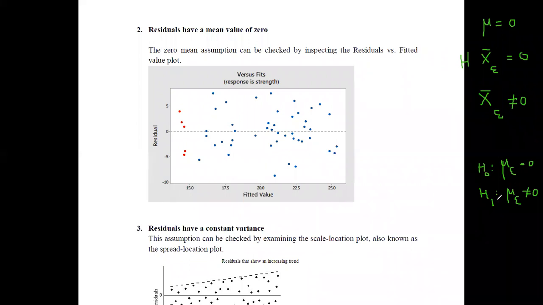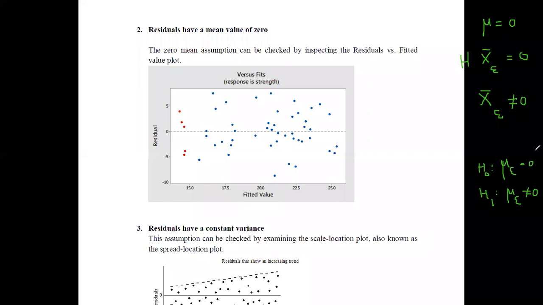If we fail to reject the null hypothesis, then we can say that the fitted model has zero mean. Therefore, the second assumption is not violated. Otherwise, if we reject H0, then we can definitely say that the mean is not equal to 0, and the second assumption is violated.